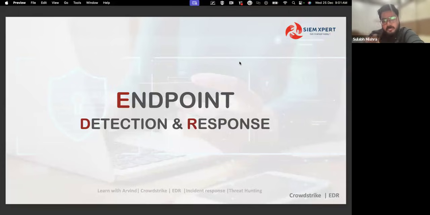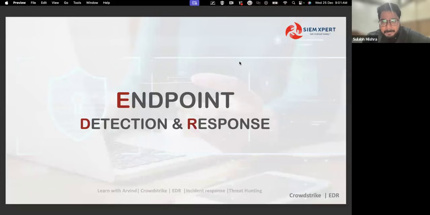So as said, endpoint detection and response is all about upgrading those detections and improving the feasibility of taking responses using a solution. That is what we refer to as endpoint detection and response, in short called EDR.